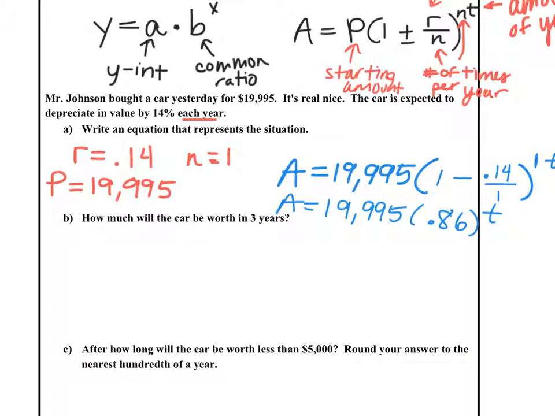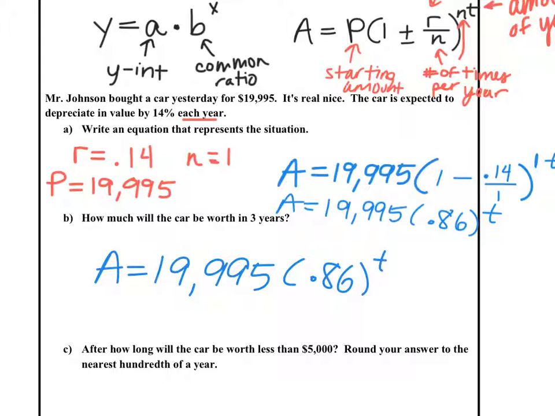We're going to plug in 3 years for t. 0.86 to the t. You don't even have to use that fancy equation if you know it's happening yearly. Starting amount times how much it's going down by, common ratio, to the t. So it's the same equation as a times b to the x. So plug in 3 for t.